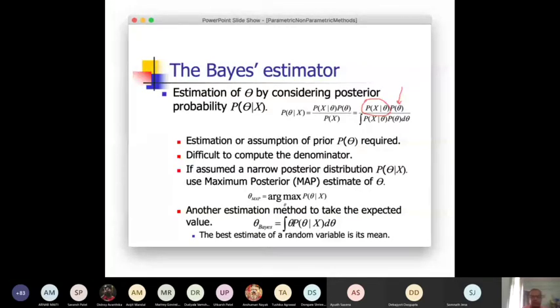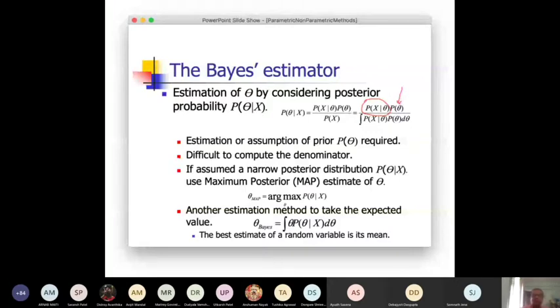One of the things you should also note, we have discussed earlier that the best estimate of a random variable is its mean, because it is unbiased. Also, we have seen that it is consistent. So that is why this expected value of the parameter using the posterior as a distribution is also a mean of that distribution.